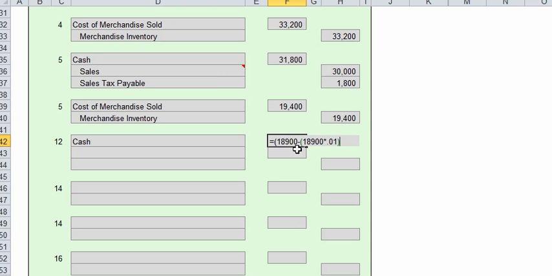So it's going to be the sales price minus the sales price times the discount. So that's $18,711.